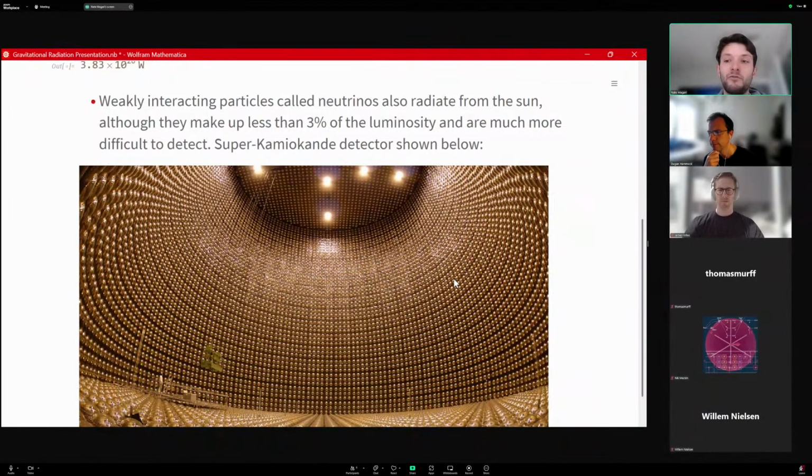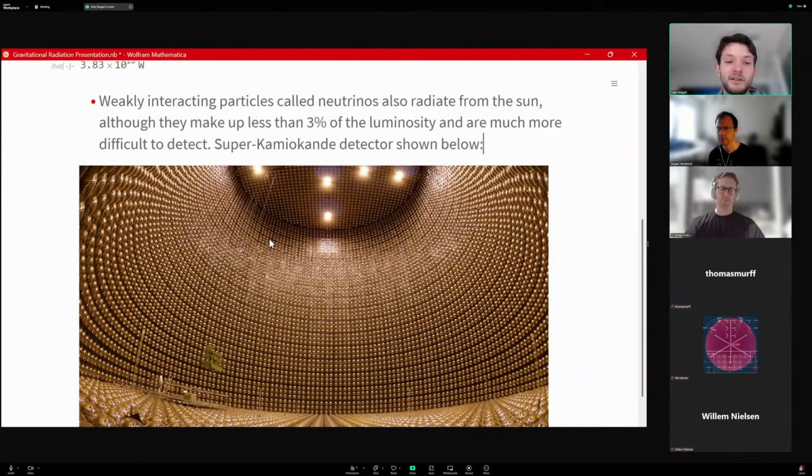They cover them with photomultiplier tubes, and they fill this whole thing with about 50,000 tons of water and just wait for a neutrino to interact with a water molecule, which happens only very rarely. But in the process of that interaction, there's light emitted, and these photomultiplier tubes can detect that light.